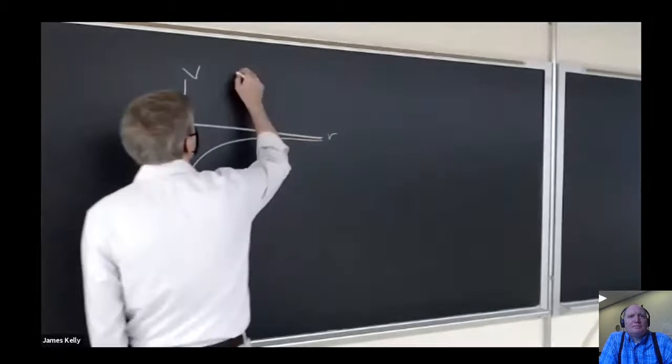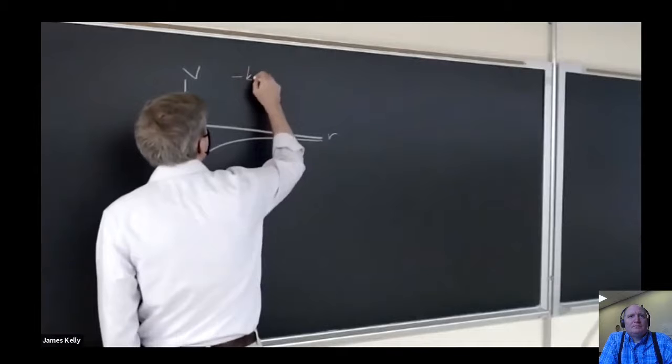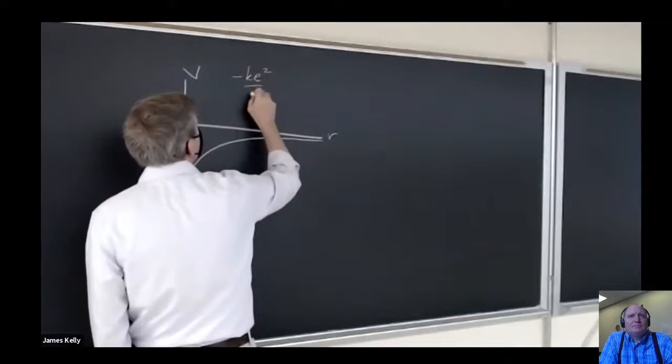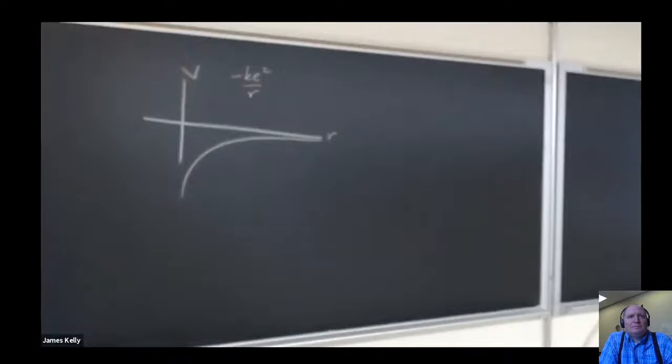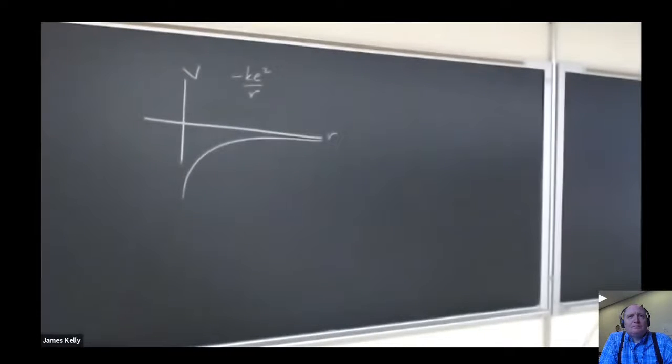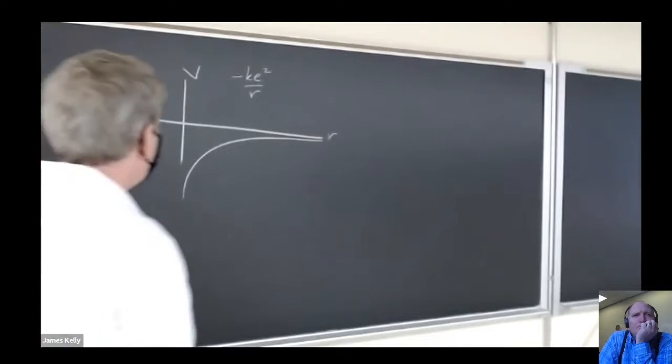It's minus K e squared over r, if I put in the two charges, e and minus e, and K is 1 over 4 pi epsilon 0.